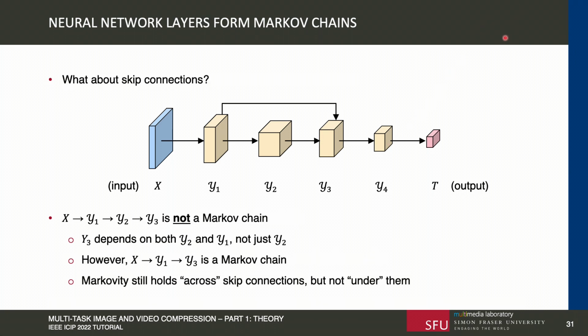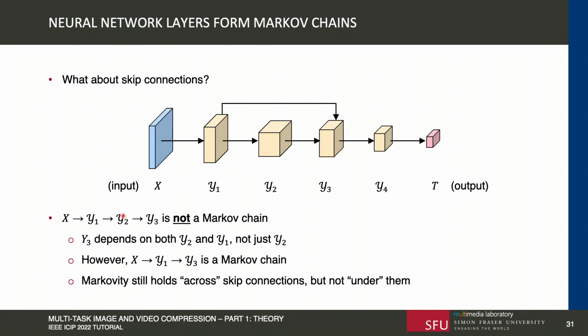But many neural networks involve skip connections. So for example, if x is the input and then y1 is the first layer's output, we might have a skip connection from here to y3, where y1 is carried over and then concatenated or added to y3. What happens to Markovity in this case?